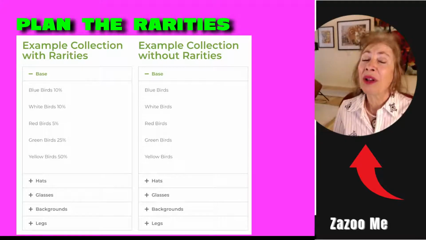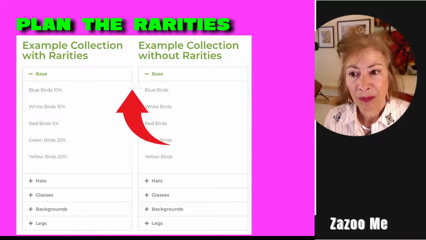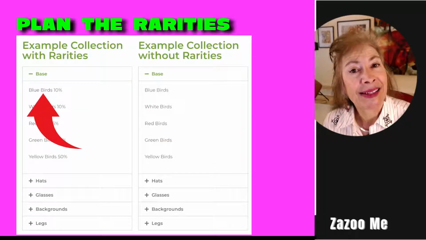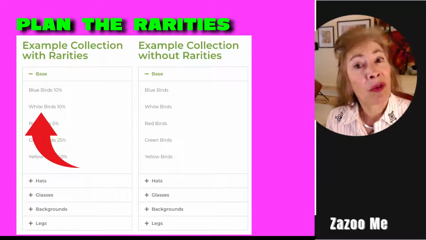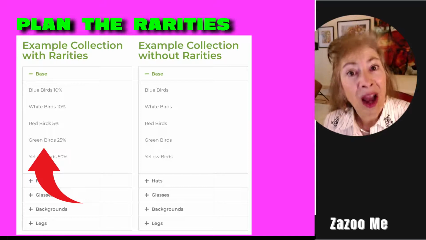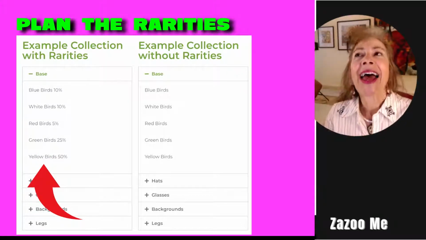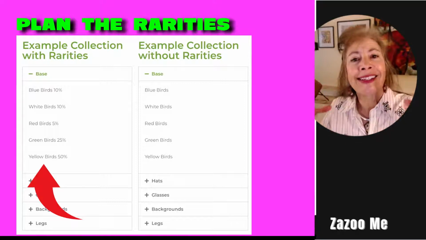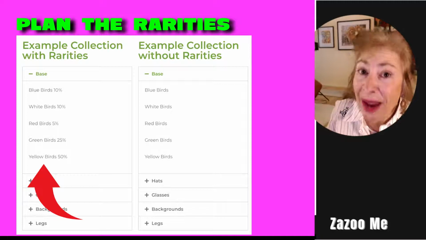Then you can even plan out your rarities. For example, you may have a base of bluebirds that are only 10%, or white birds that are only 10%. Red birds are only 5%, but green are 25 and yellow are 50. And this is how you start to set up the rarities in your collection, because this is information.